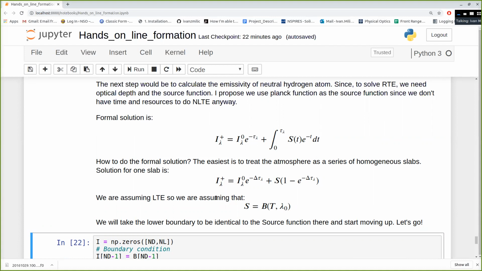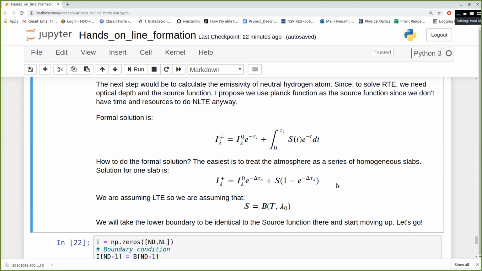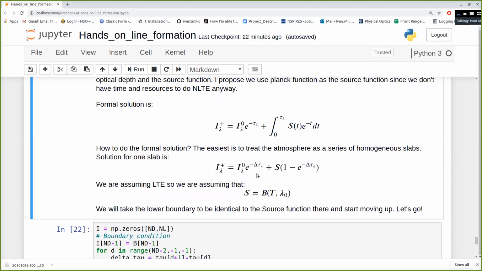And the simplest way to do this, and last year we did a more complicated case, so people who are curious can go back and figure out that one, the most simple case would be to assume that each of the slabs is homogeneous and to use something like this.